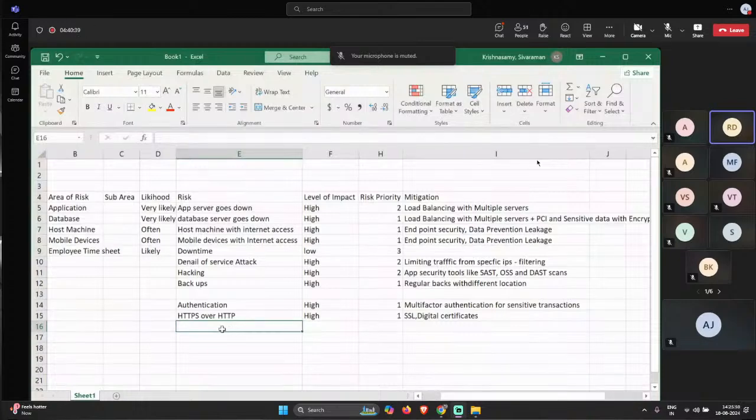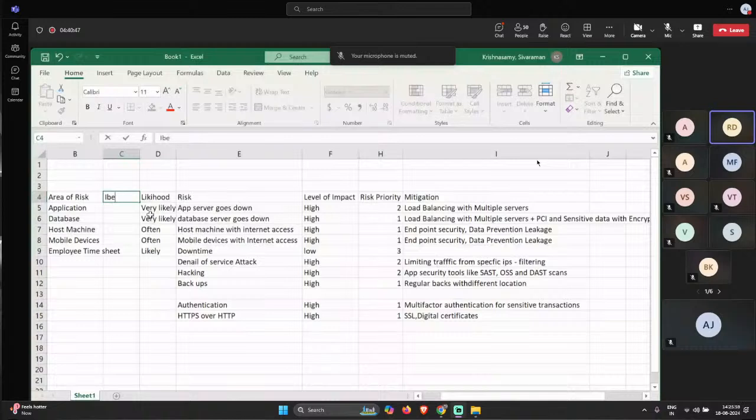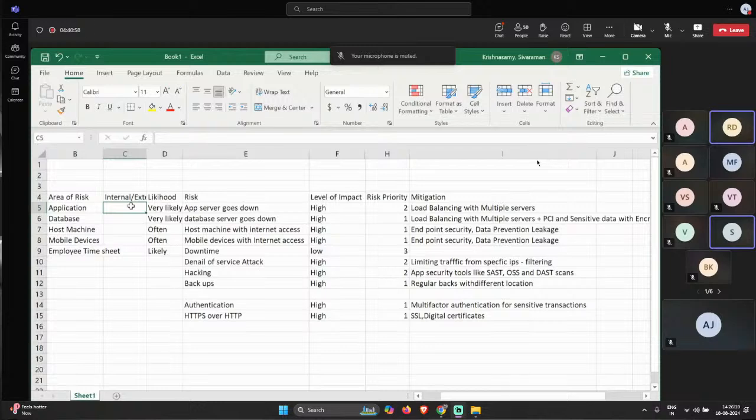Put one more column for whether it is an internal or external threat. What is a threat, which is an internal threat, and which can be an external threat? Maybe I will make it. See, this is where we need to keep granulating to that level. What can be done internally? What can be done externally? Or who should do what? For others who are looking and listening, you can also prepare and include those columns on your sheet.